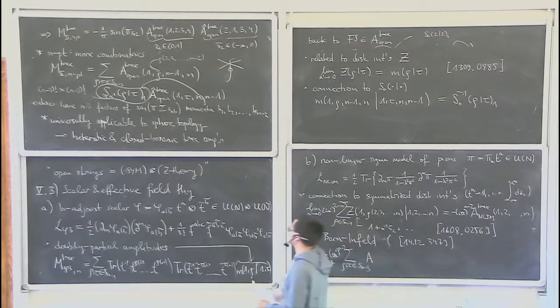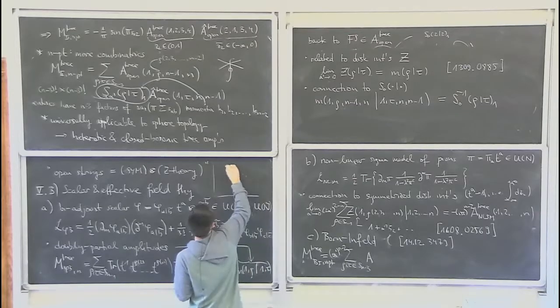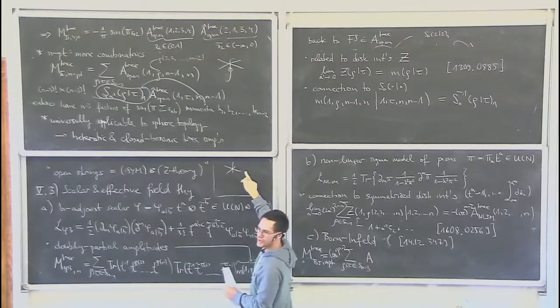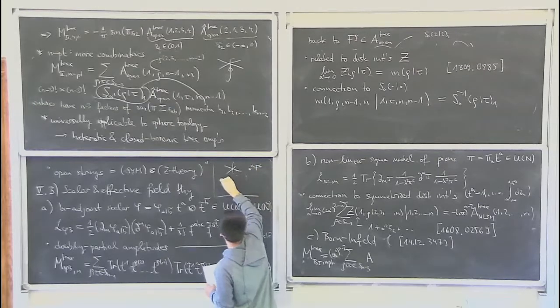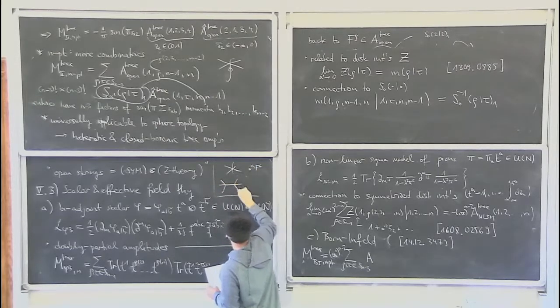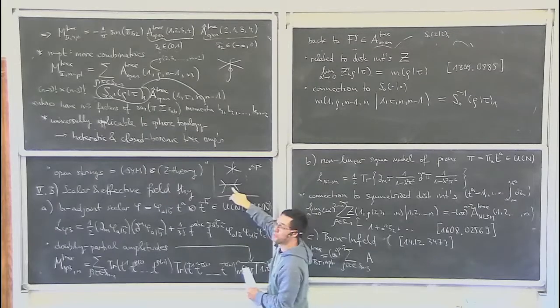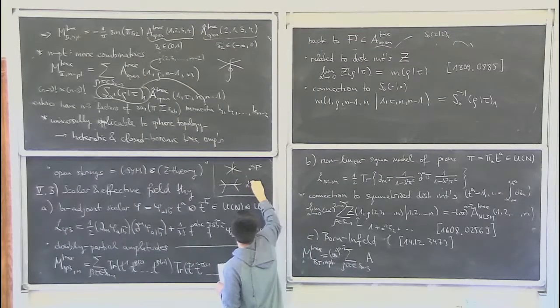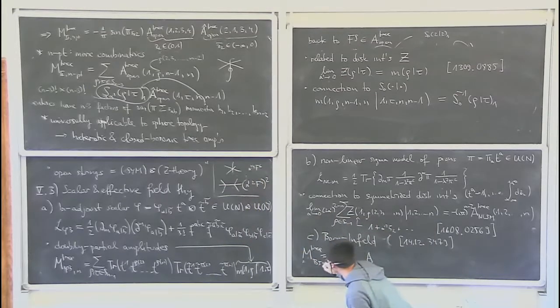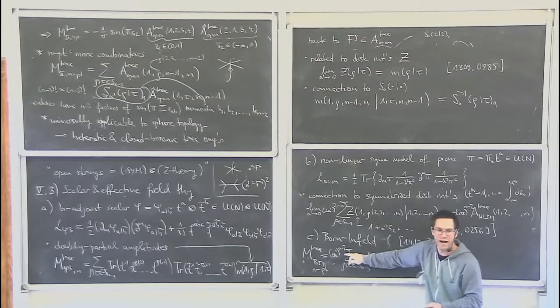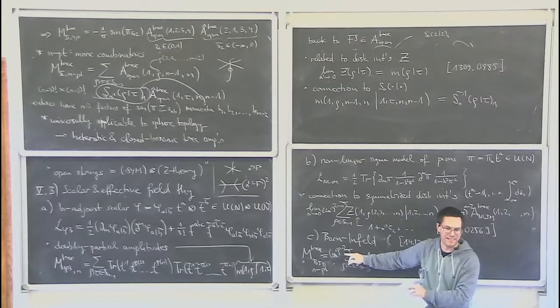So at the 6-point function, for instance, there is an F to the 6 vertex contributing, which has 4 powers of alpha prime. And also there's a diagram with 2 insertions of the F to the 4th vertex with 2 plus 2 alpha primes. So at a fixed multiplicity, at the endpoint level, you can pull out n minus 2 powers of alpha prime, and the rest is alpha prime independent.